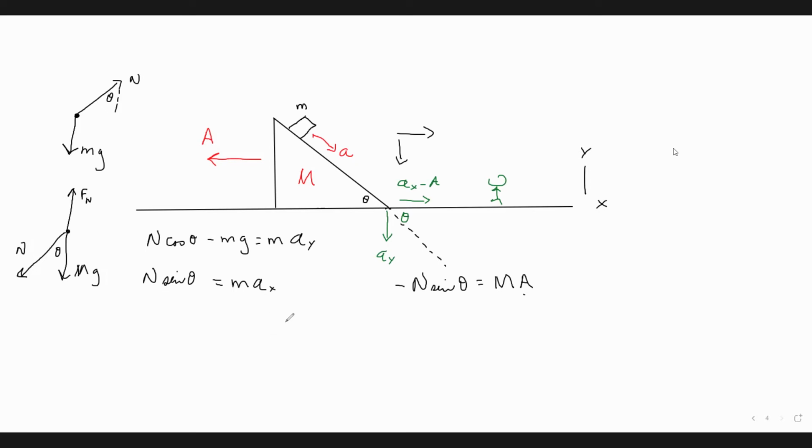So I'm going to treat a sub y as an inherently positive number. That means that ay over a sub x minus A is equal to the tangent of this angle, but this angle is minus theta. So the tangent of minus theta is minus the tangent of theta.